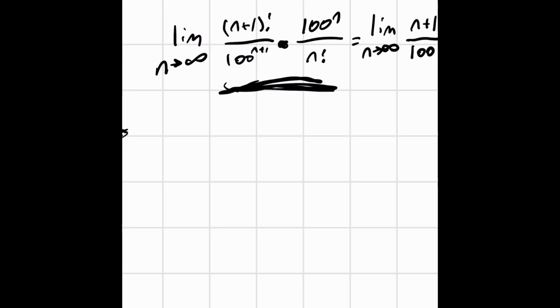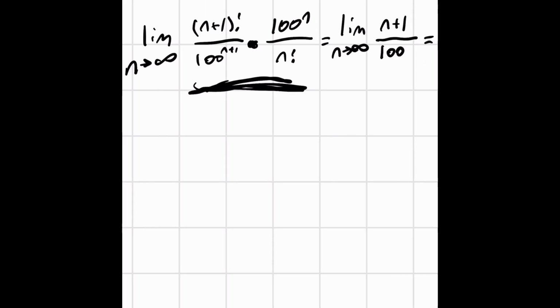Factorial means you multiply by all the numbers before it. So n plus 1 times n times n minus 1, dot, dot, dot, times 2 times 1.